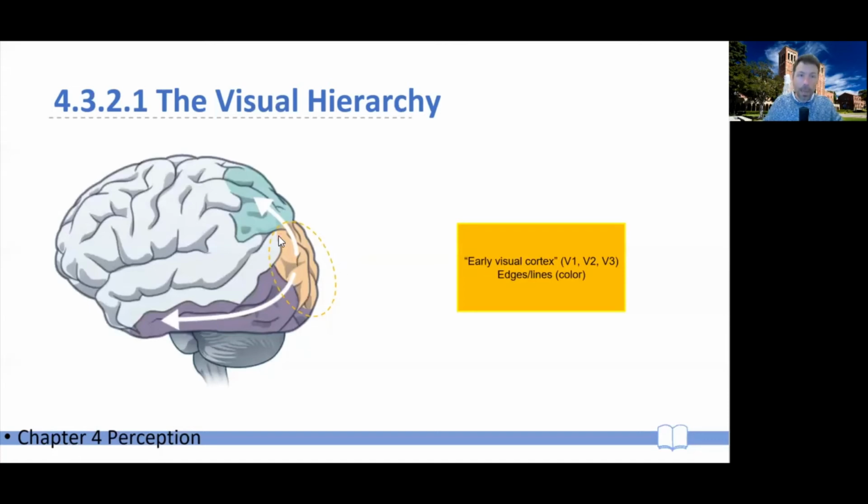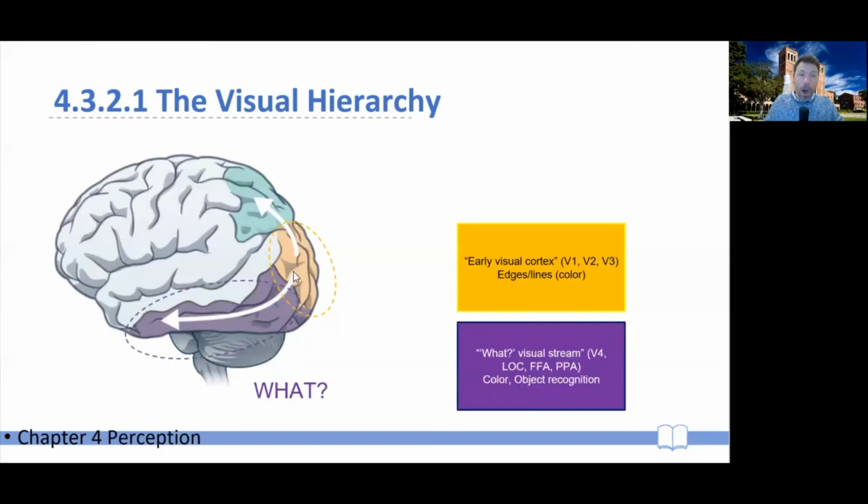Then the information from here gets passed forward and progresses towards neurons and areas within the temporal cortex, which is all this section right here of the brain. Now, the inferior part of temporal cortex is particularly important for object recognition.